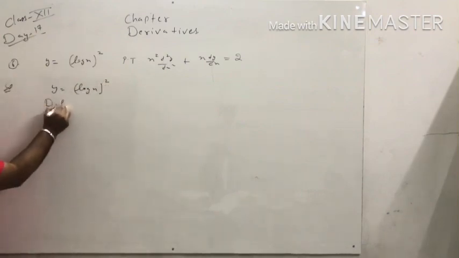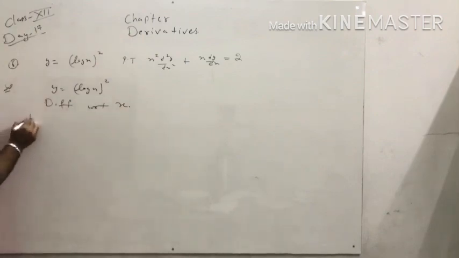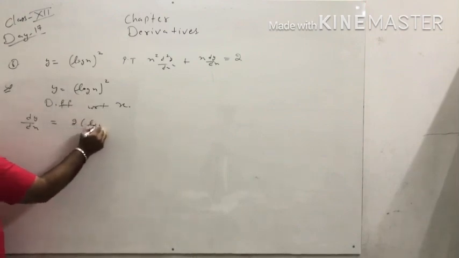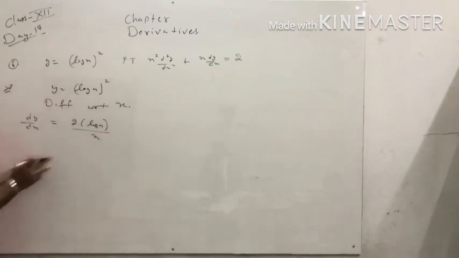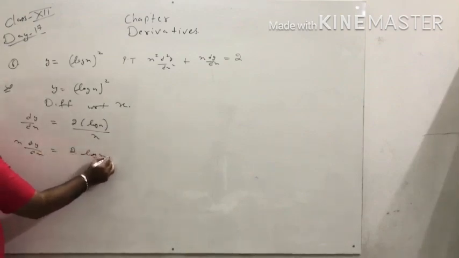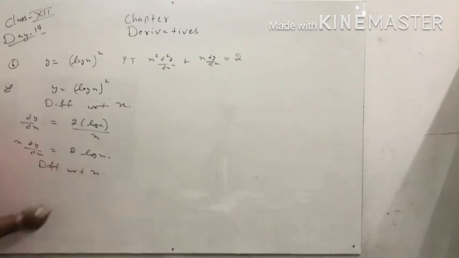Now differentiate with respect to x. The derivative of y is dy/dx. The derivative of (log x) square: first of all, the derivative of power, after that, the derivative of log x is 1 upon x. Now shift this denominator to left side. So x dy/dx equals 2 log x. Again, differentiate with respect to x.